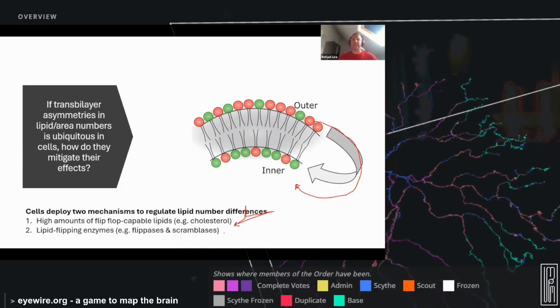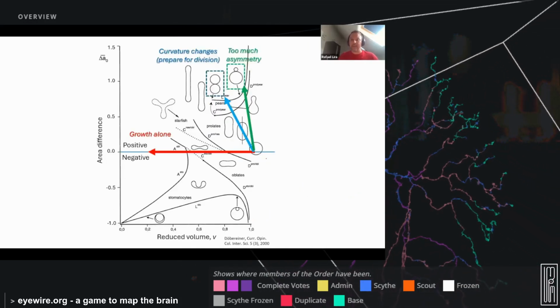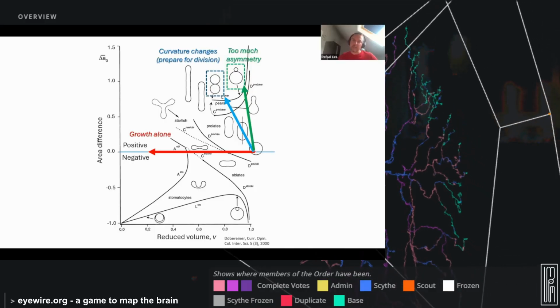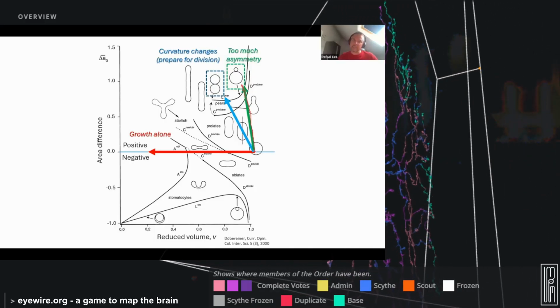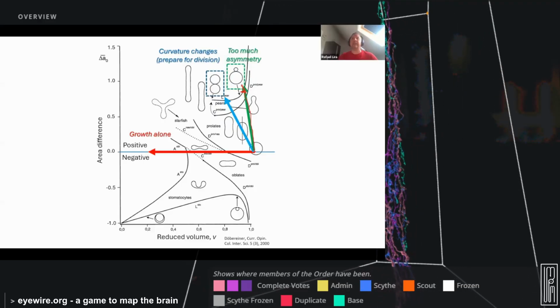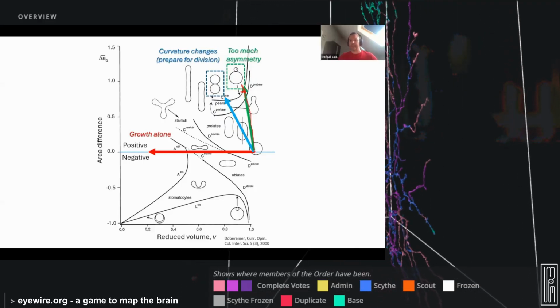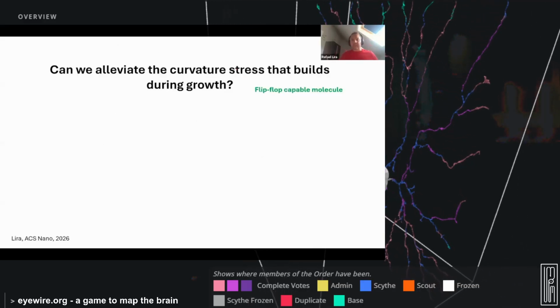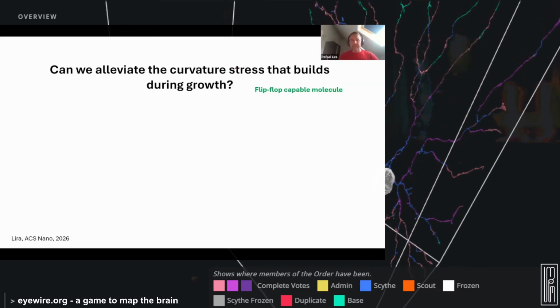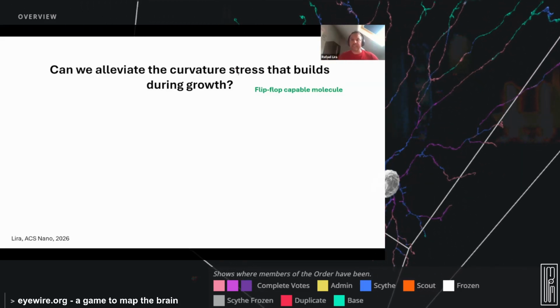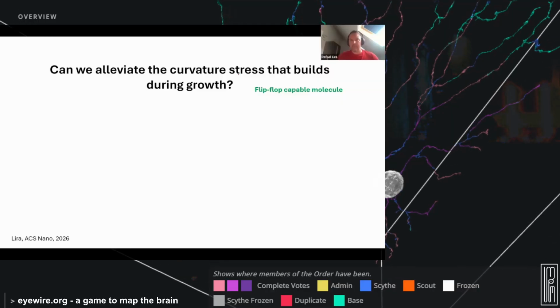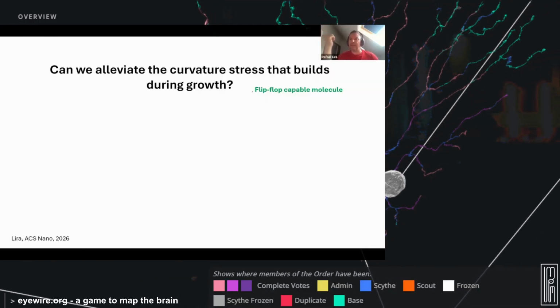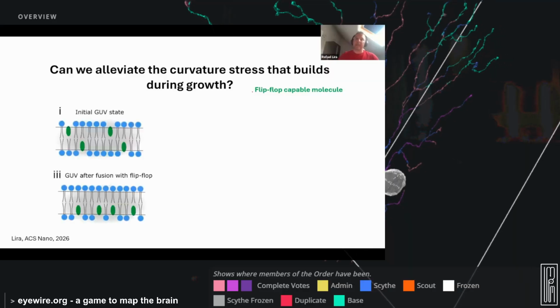the situation that we have is that we are growing a membrane that induces too high asymmetry in the process, and the GUV that we have contains too many small buds. So taking inspiration from the first approach used by cells, we prepare GUVs and LUVs that are then fusing, growing the GUV, but now they both contain a flip-flop capable molecule.